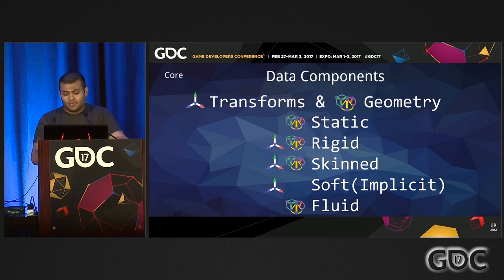These are roughly the components that are necessary for each type. Something like static, you only require geometry because it's not moving. And something like soft implicit surfaces, you only need transforms since the implicit part inherently describes the geometry. We'll touch on these exactly as we go through the slides.